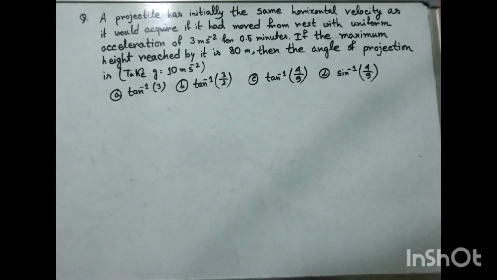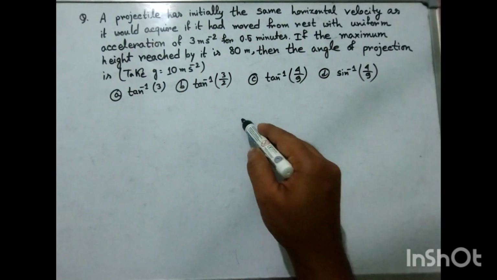Okay, this question is saying a projectile has initially the same horizontal velocity as it would acquire if it had moved from rest with uniform acceleration of 3 meter per second square for 0.5 minutes. If the maximum height reached by it is 80 meter, then the angle of projection is.